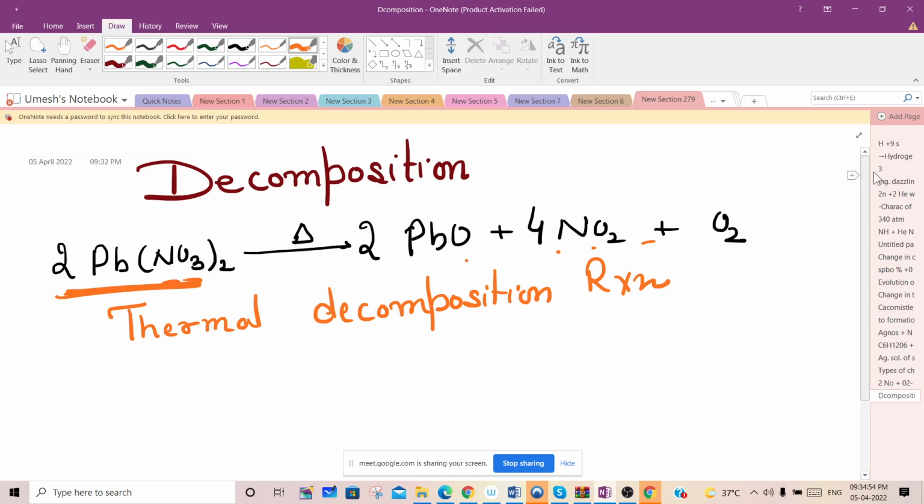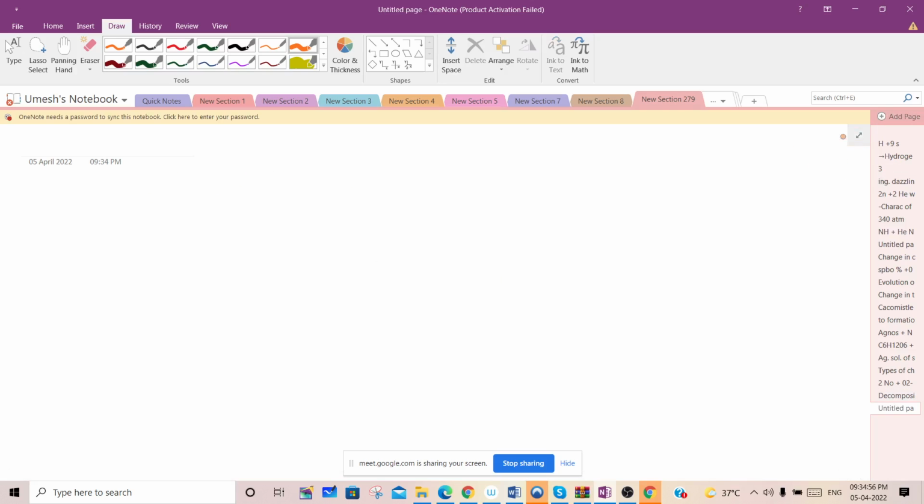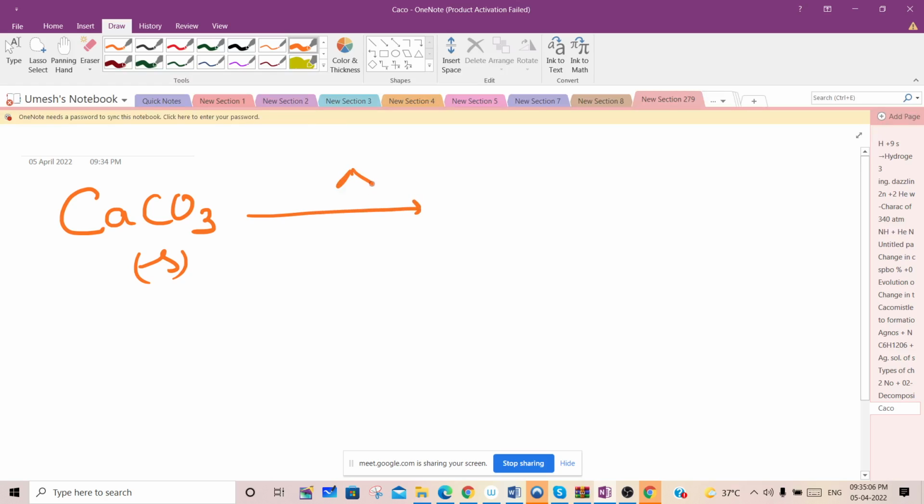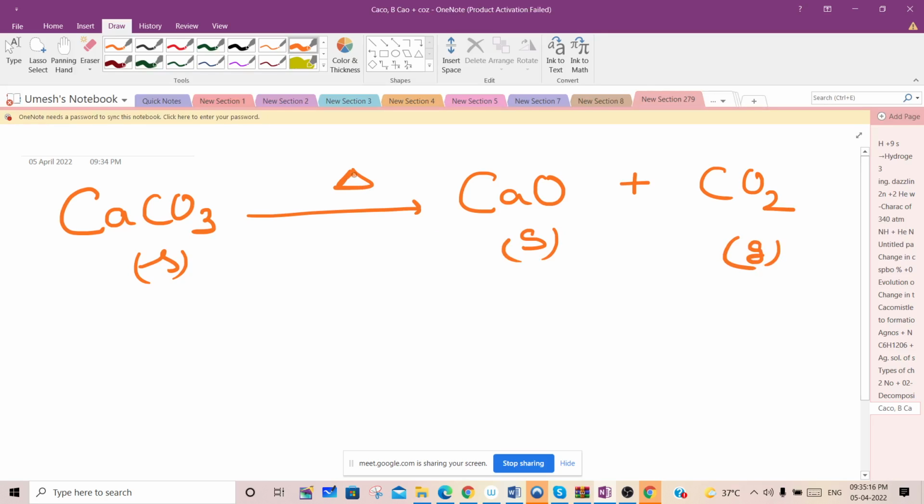Understood? Yes or no? Yes, sir. I'm giving you one more example here. It's calcium carbonate, solid. Upon heating, gives calcium oxide and carbon dioxide. Solid, gas. This delta sign indicates that we are heating it.